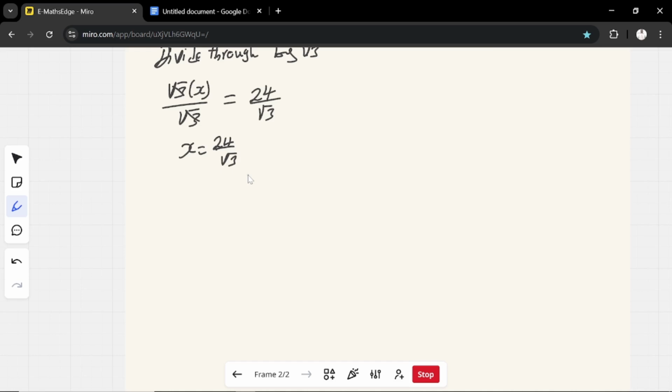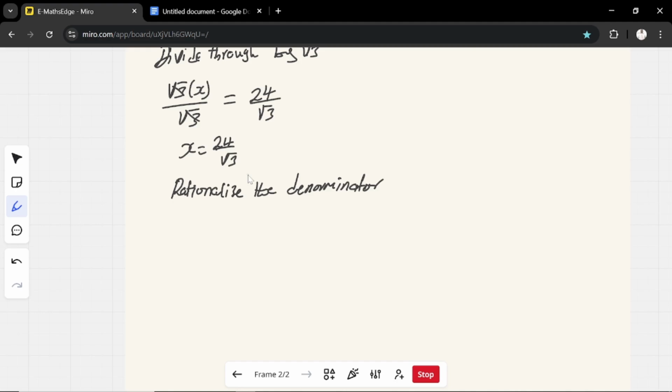But we can't leave our answer like this. Why? Because the denominator cannot be a root number. So what we are going to do is to rationalize the denominator. In rationalizing the denominator, what you are to do is simple.